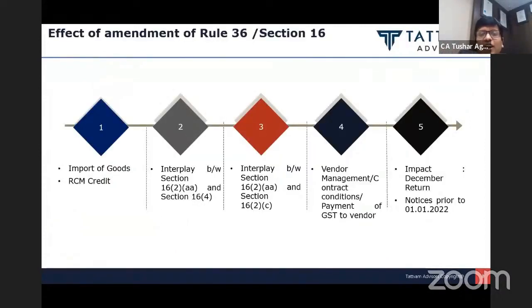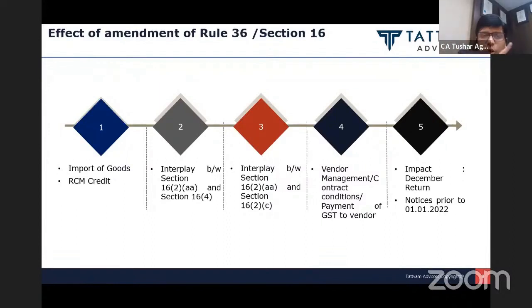If we read both the conditions simultaneously and link these conditions together, the conclusion is that if your supplier is issuing invoices in the month of, say, January 2022, February 2022, March 2022, you will not be in a position to take the credit if they are not uploading on the portal and the same is not getting reflected in your Gstr 2B.